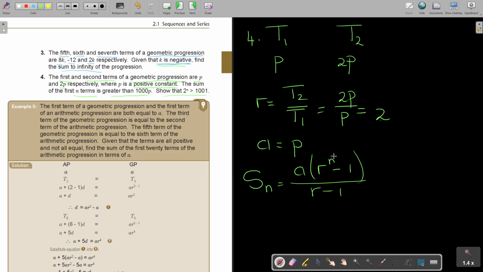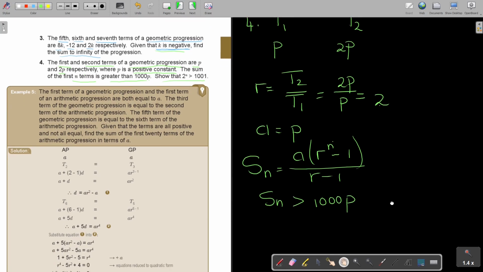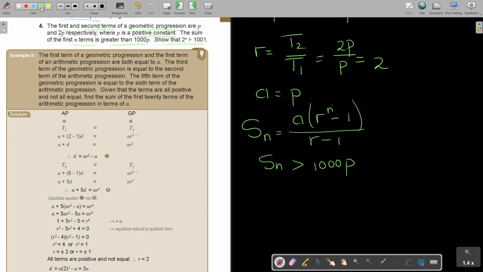But now I'm saying that this Sn, the sum of the first n terms, is greater than 1000p. That's what I want. So let's put it in there: a times r to the n minus 1 over r minus 1.